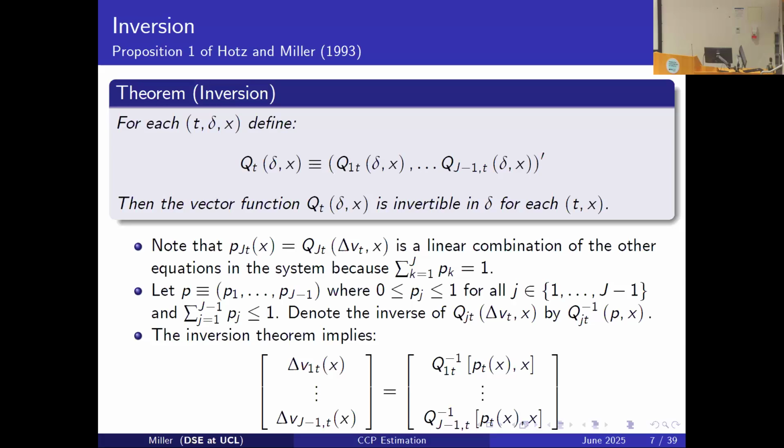So this inversion theorem means that instead of solving for these V's, we can just write the vector of differences in V's as a function of the conditional choice probabilities. And so we can use that instead of solving through, okay?